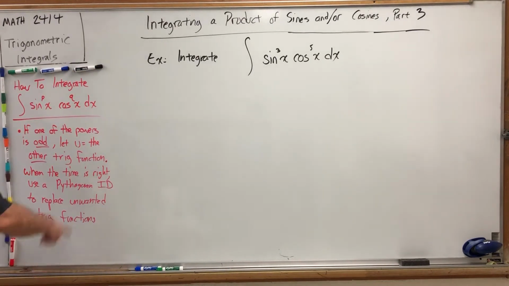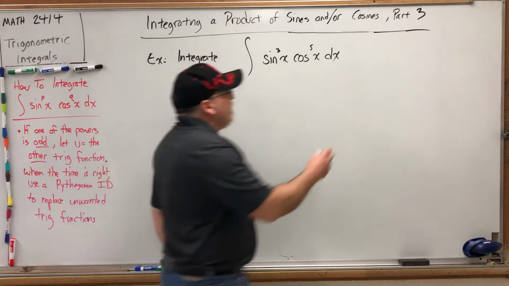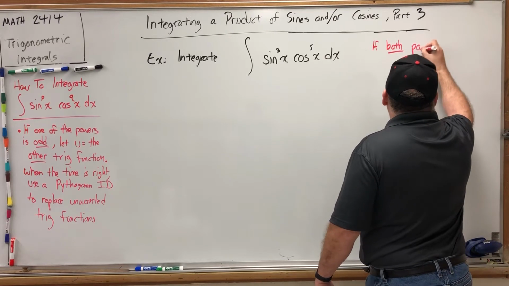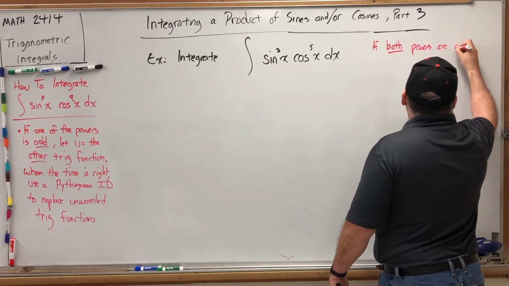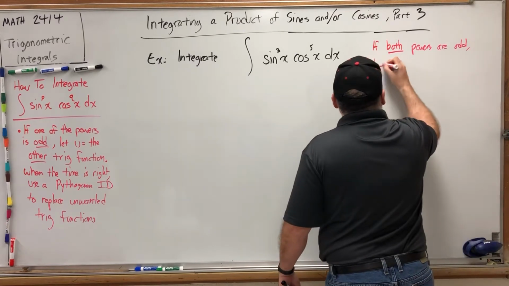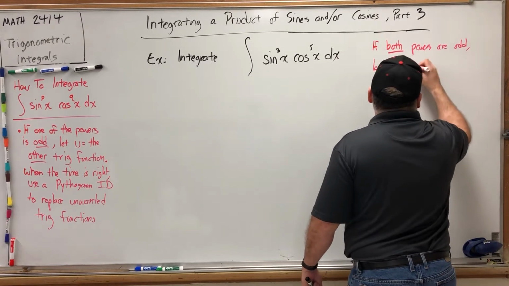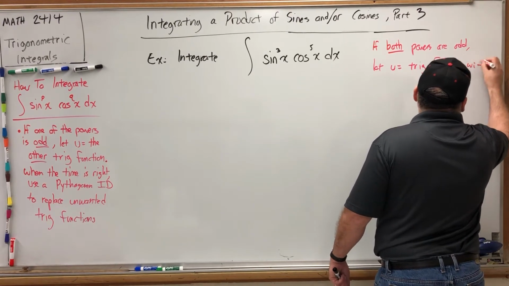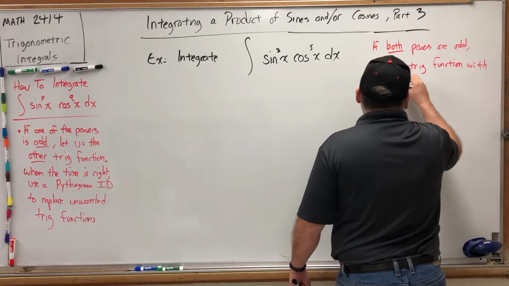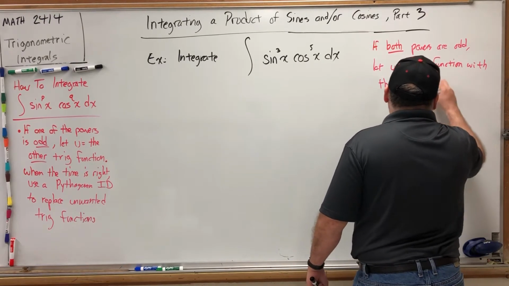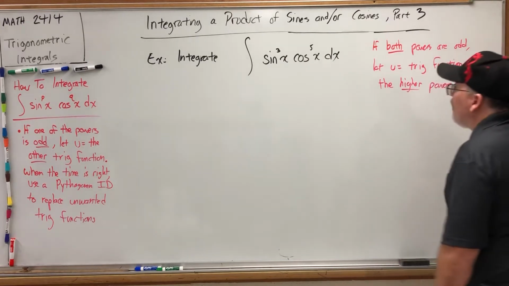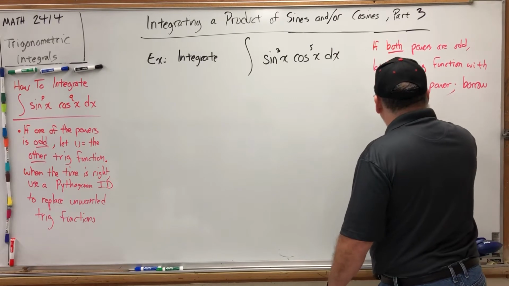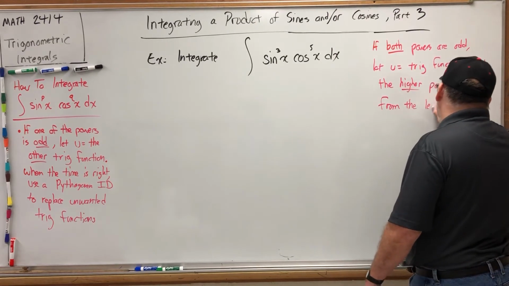So this is a continuation of this technique. If both powers are odd, let u equal the trig function with the higher power, semicolon, borrow from the lower power, or from the lesser power.